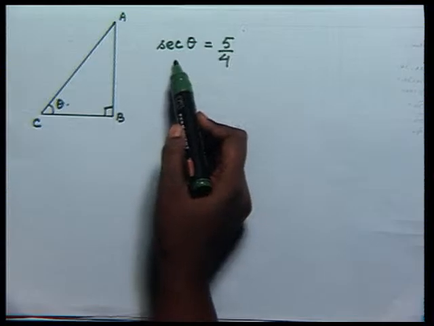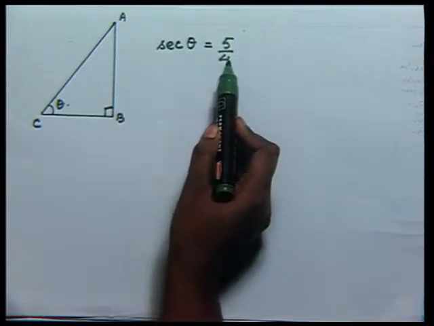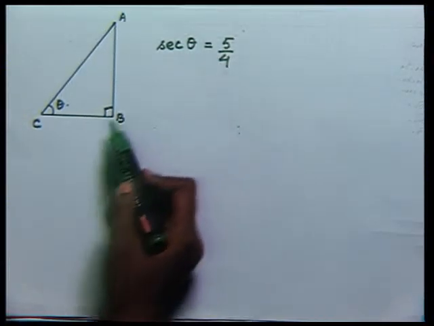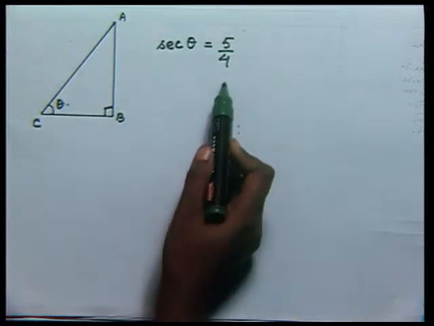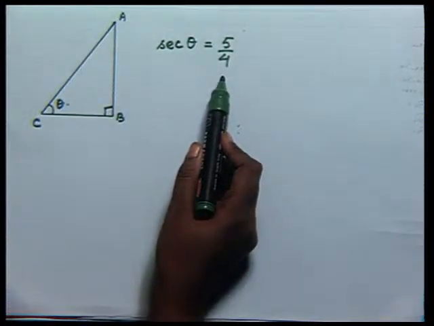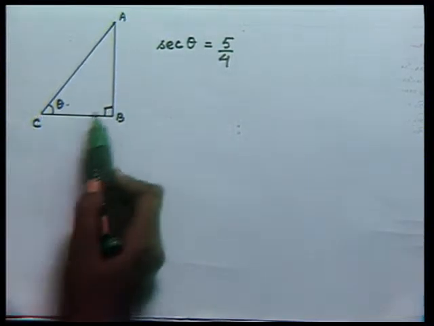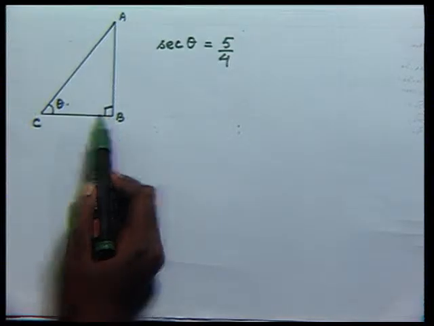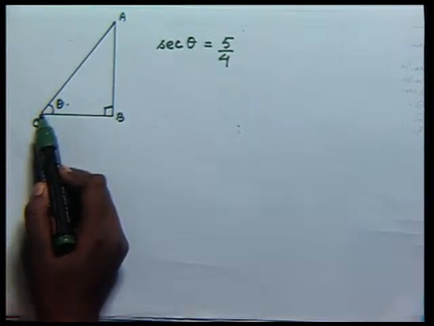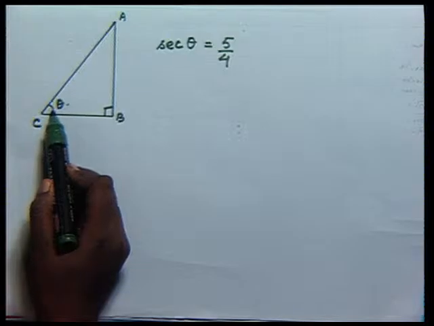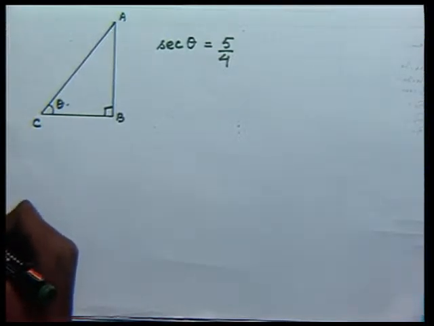Suppose we are given that sec theta is equal to 5 upon 4, and we have to find out the rest of the 5 ratios. For that, let us draw this right angled triangle. This is right angled at B, and we have taken this angle C as the angle of reference, that is theta.